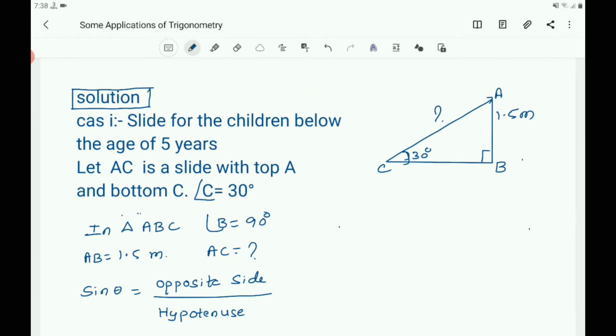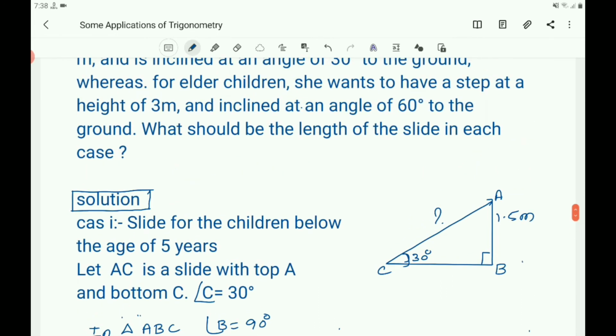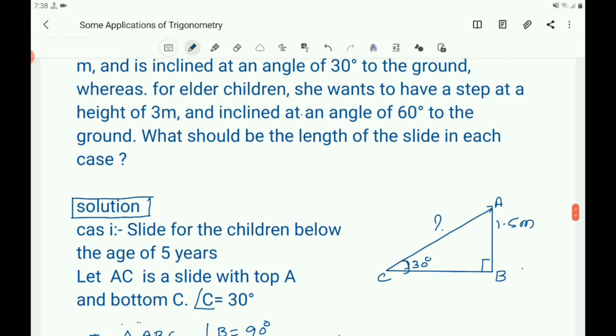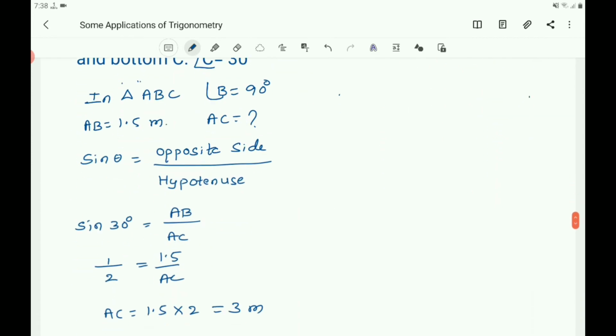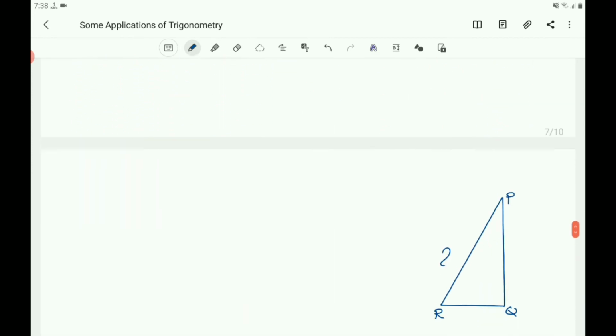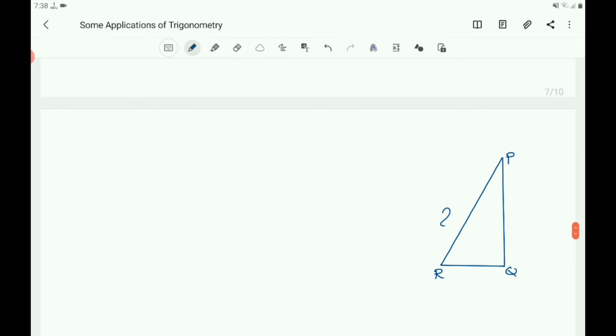Now let us take the second one. What is the length of the slide for the children below the age of 5 years? That is 3 meter. Next, let us find the length of the slide for the elder children.